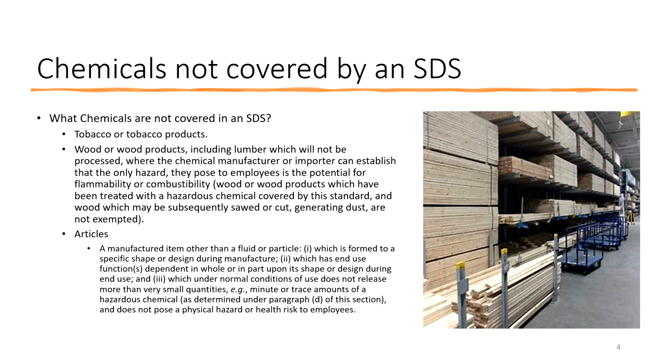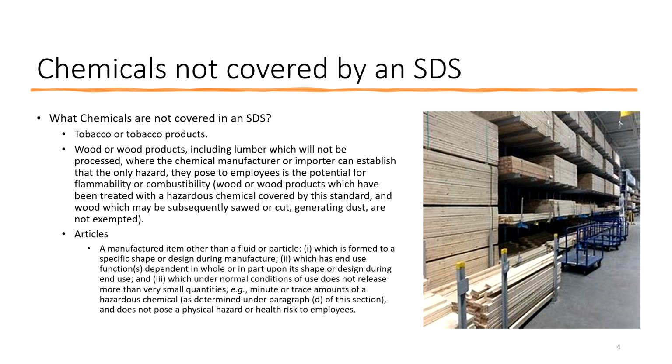It's a manufactured item other than a fluid or a particle which is formed in a specific shape and design during the manufacture, which means that you're just going to use it basically as a whole. It could have a minute trace of a hazardous chemical on it, but you are not altering the physical form. So that's an article.